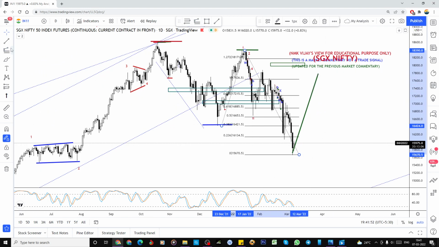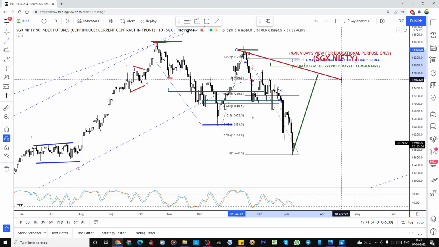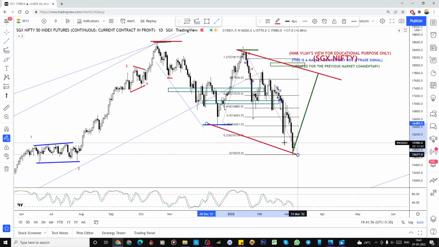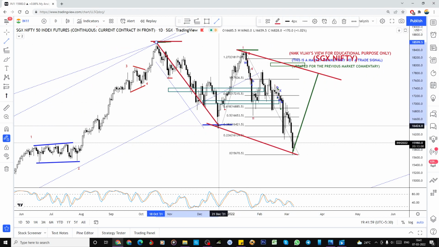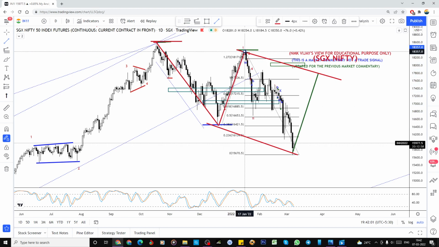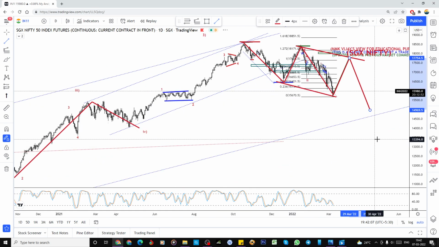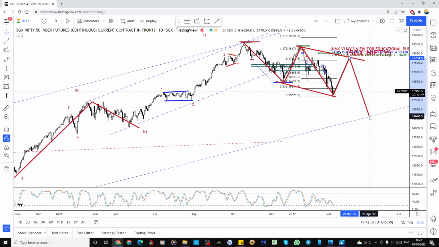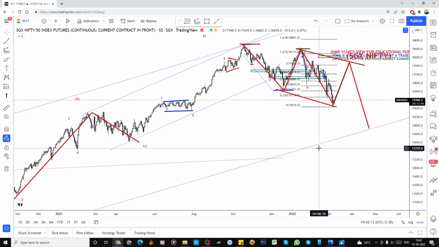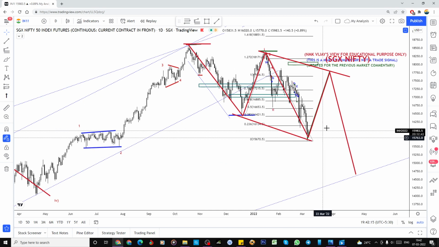After that, this will become the connecting part for an impulsive wave to the downside: one impulsive and one correction and one impulsive to the downside. So that was my target of some 14,200 that I'm expecting, and I explained that in yesterday's video.